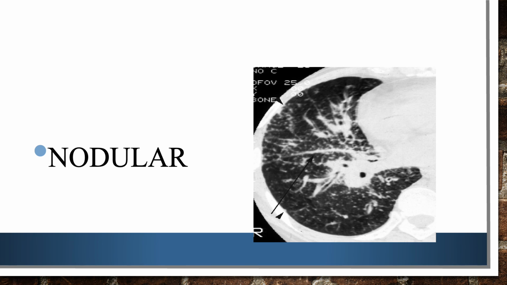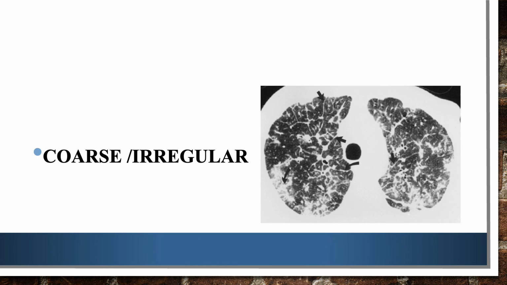So it could be smooth, it could be nodular, as classically described in the bronchovascular interstitium in sarcoidosis, and it could also be coarse or irregular, which happens usually in fibrotic lung diseases.